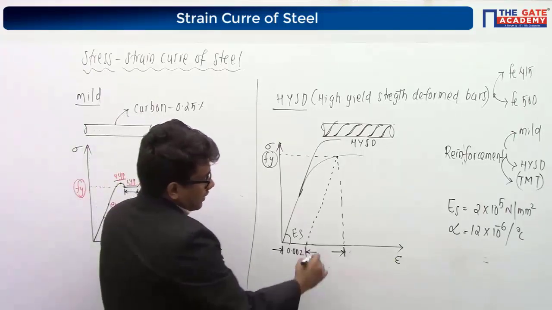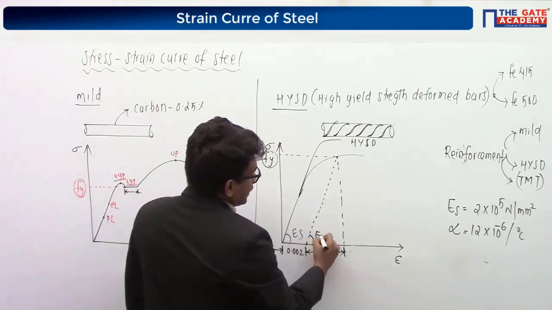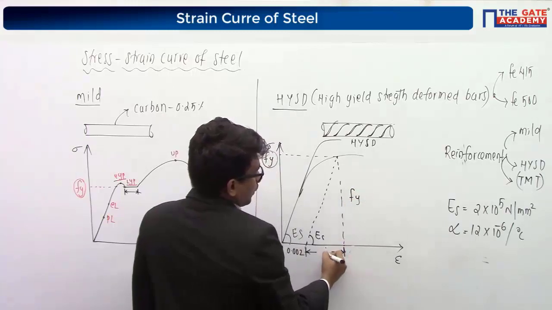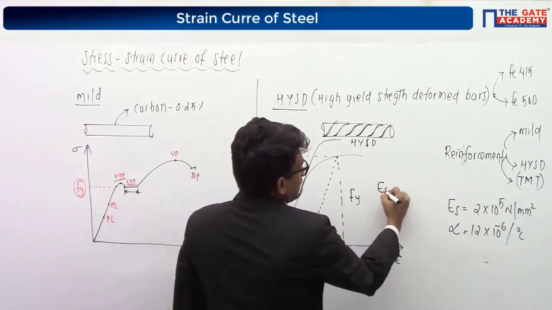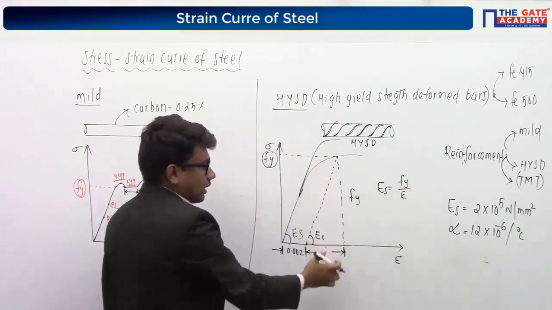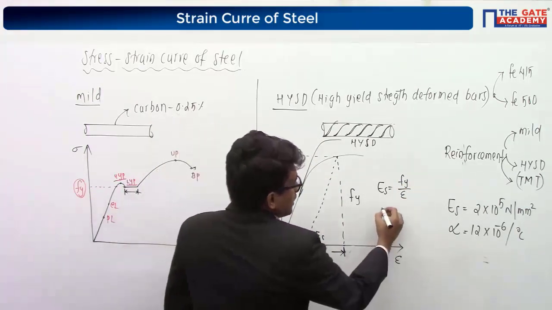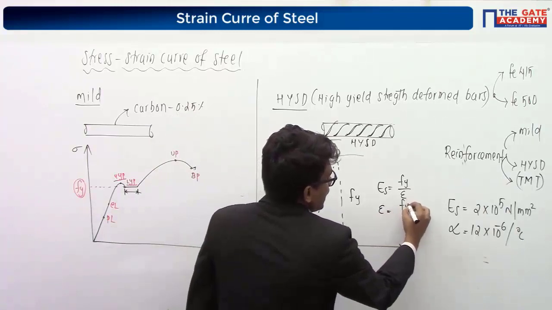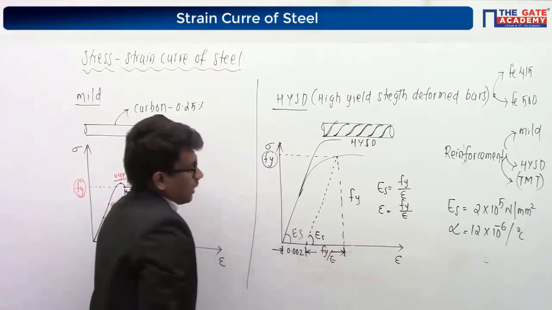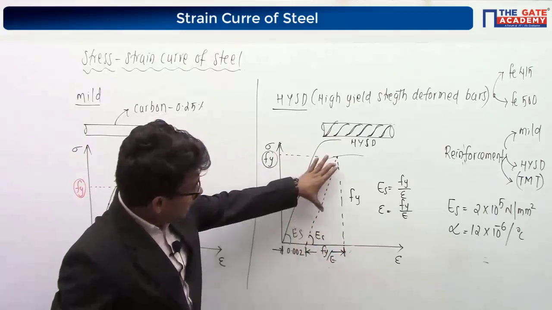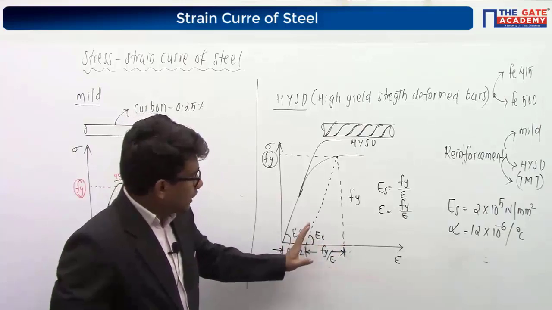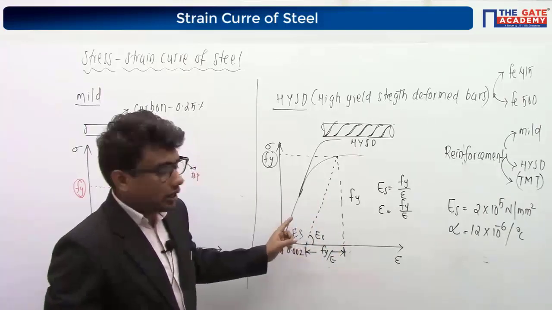As we have discussed, this is Es and this is also Es. This value will be Fy. We have to calculate this strain value. We know what Es is: Fy divided by this strain value. This is a right angle triangle. From this, epsilon is equal to Fy divided by E. If this is Es, this will also be Es, because we are drawing a line which is parallel to the initial straight portion.